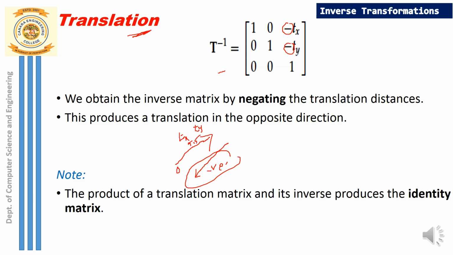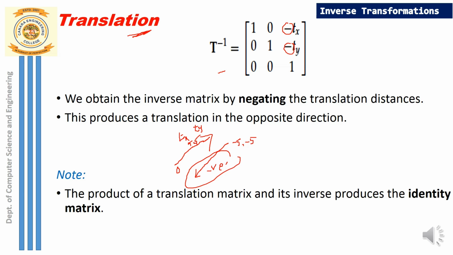Suppose if you want to come back to the original position 0, what would you do? From 5 comma 5 you have to subtract 5 minus 5, which is equal to 0, and again y coordinate also 5 minus 5, which will be equal to 0, so that you can come back to the original position, that is origin. So here the tx value is the negation of the forward tx, that is minus 5, and ty is also the negation, that is also equal to minus 5.